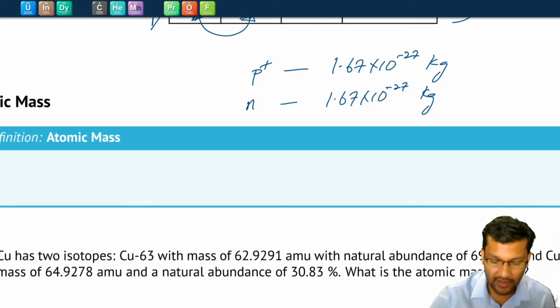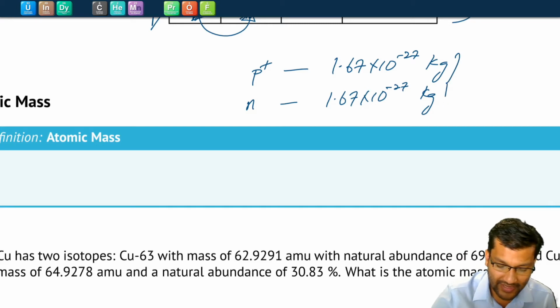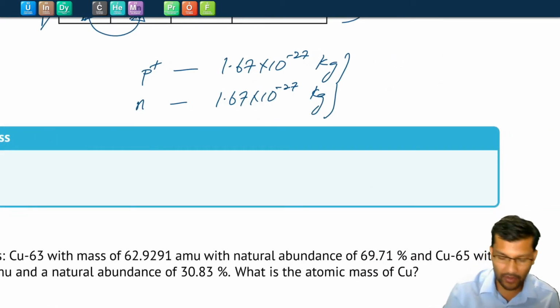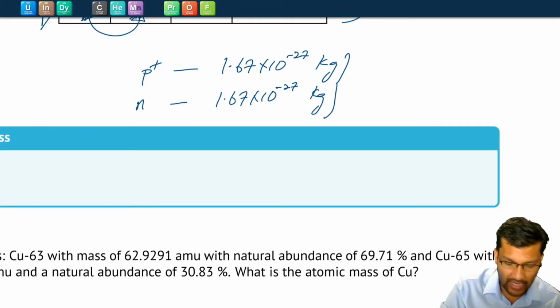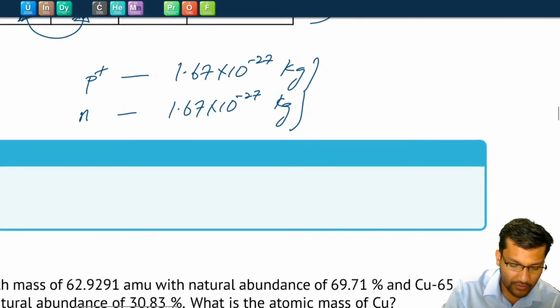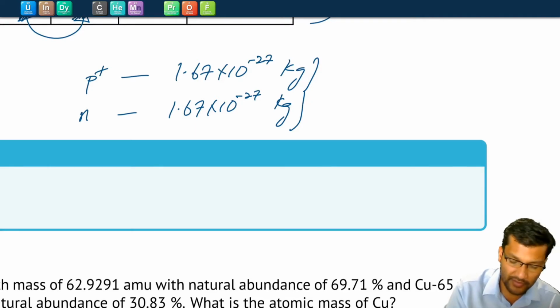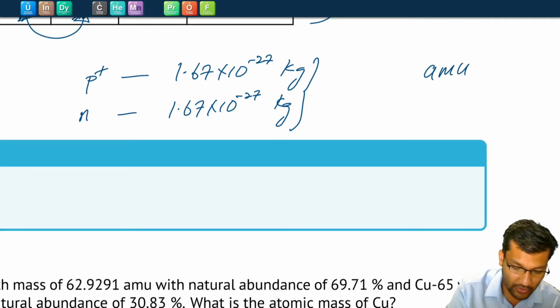Now, these are very, very tiny masses, and they're hard to keep track of and to add up whenever we're thinking of the masses of atoms. So really, to simplify them, because they both have about the same mass, instead of stating the mass in kilograms, we're going to change the units to atomic mass units, or AMU.